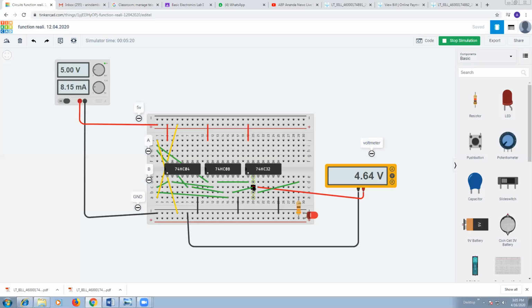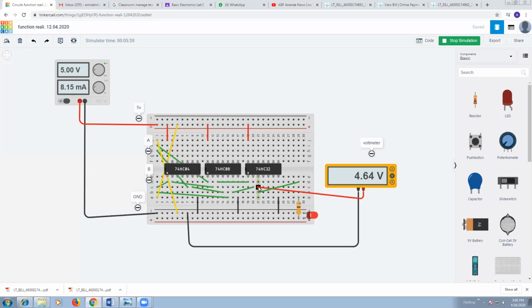You can see here this pin number 3 is A bar dot B plus A dot B bar.